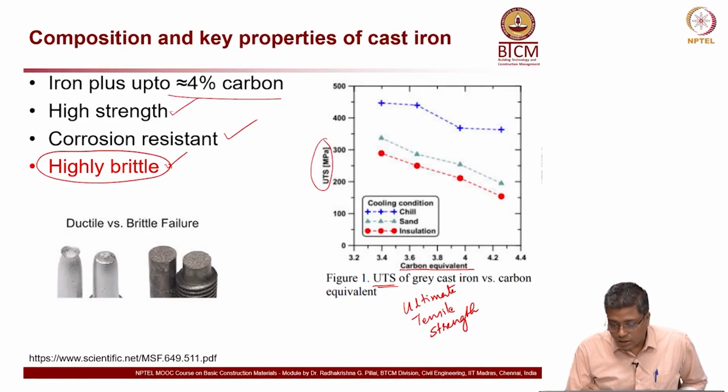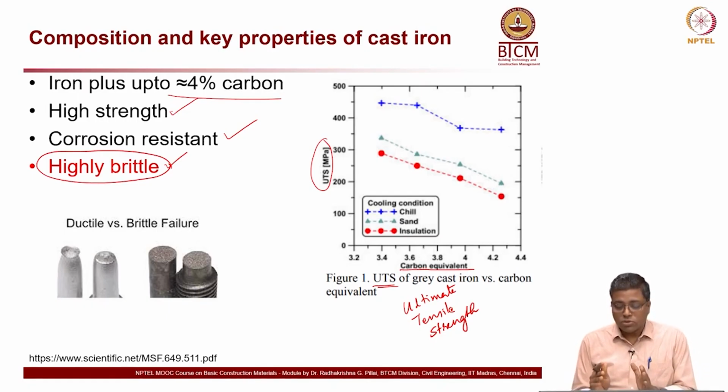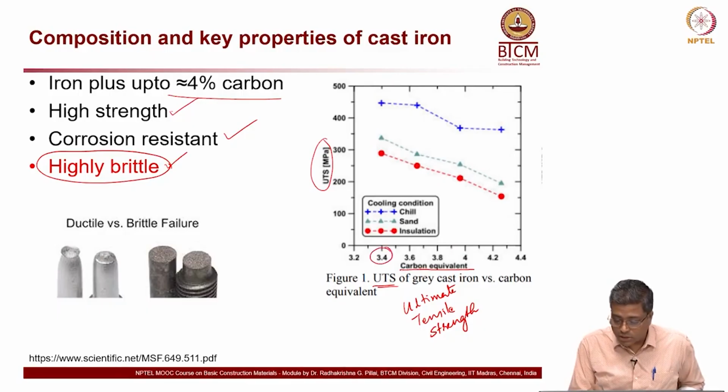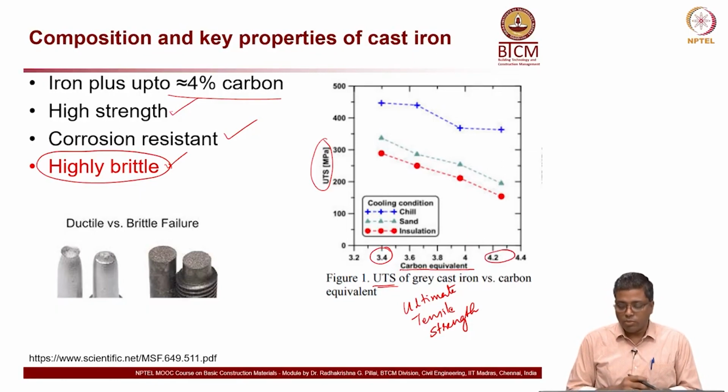What you see here is, and also you should think about that we are talking about only this range in this graph, that is about 3.4 to 4.3 or something percentage of carbon. It is not like from 0 to 4.2.